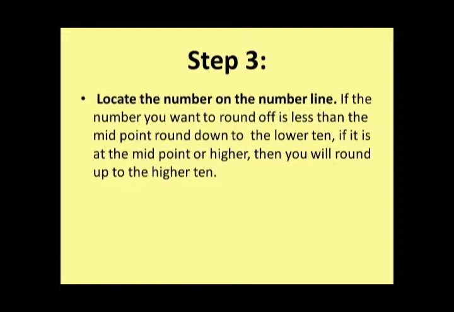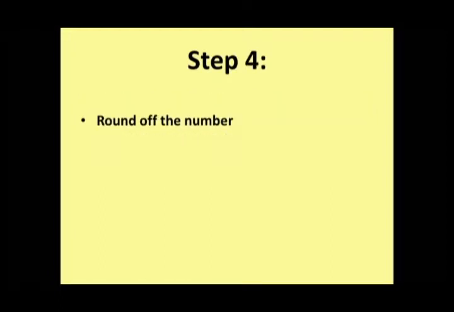Locate the number on the number line. If the number you want to round off is less than the midpoint, round down to the lower 10. If it is at the midpoint or higher, then you will round up to the higher 10. Step 4. Round off the number.